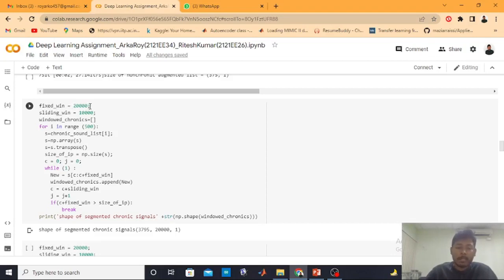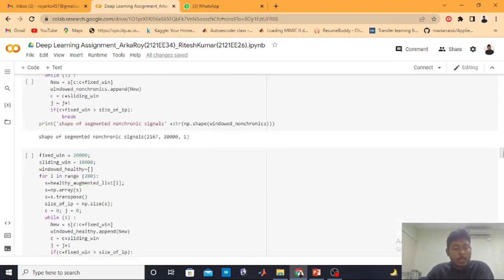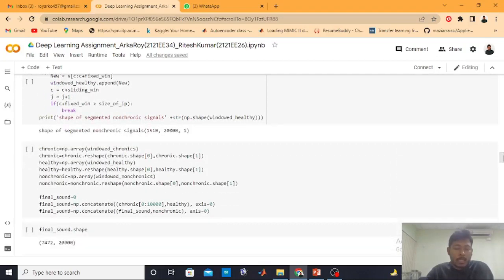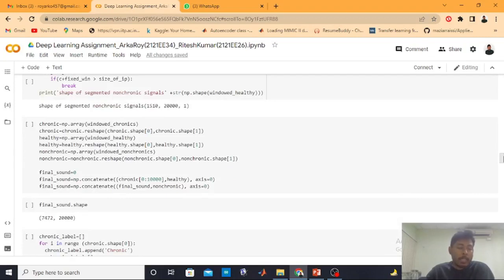That means we are considering 5 seconds, and we have implemented a 50% overlap. Given the fixed window, we overlap the samples by 50%, and then we take the next window. In this way, we segmented all the signals: normal class, then chronic and non-chronic.